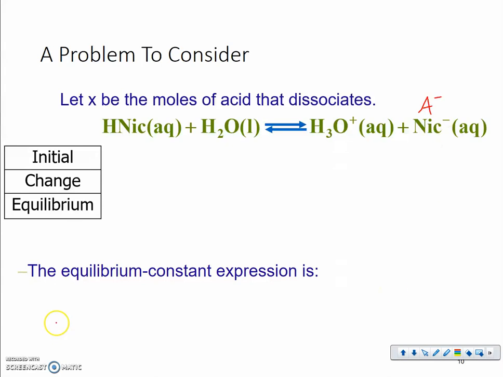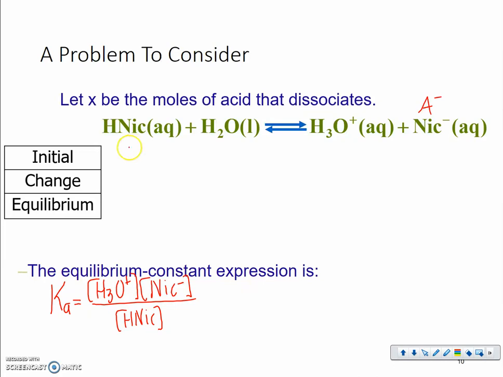So our equilibrium expression, or our Ka expression for this, is going to be H3O plus, my conjugate base, over my starting acid. So what I have to do is figure out what values to plug in there in order to figure out my Ka. Okay, so because these are equilibrium amounts, we can do an ICE box.